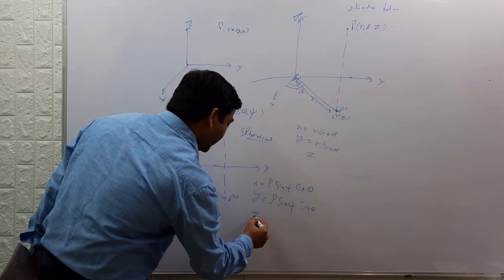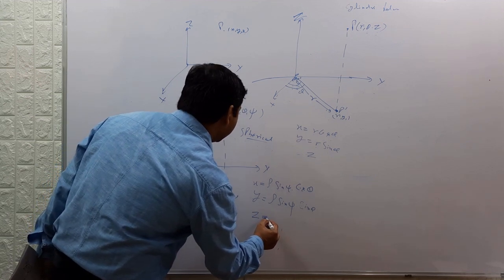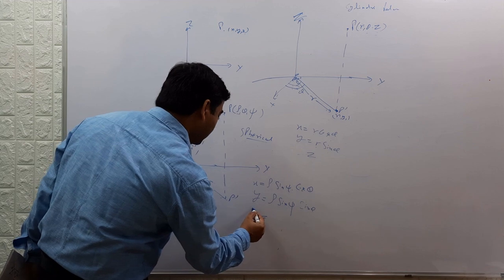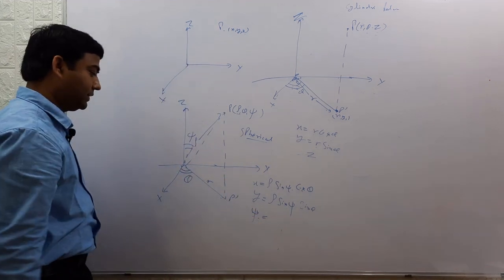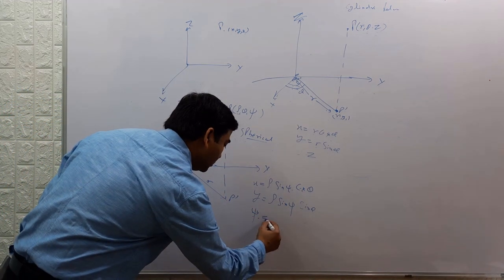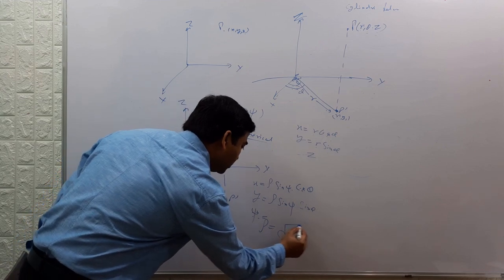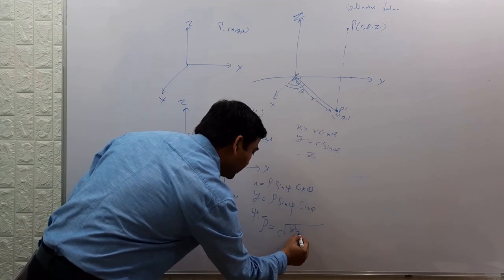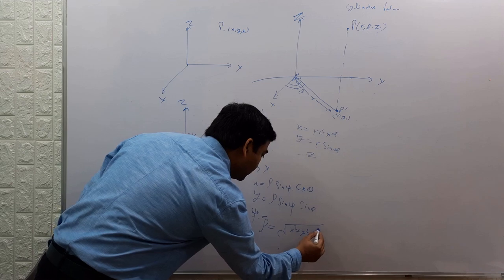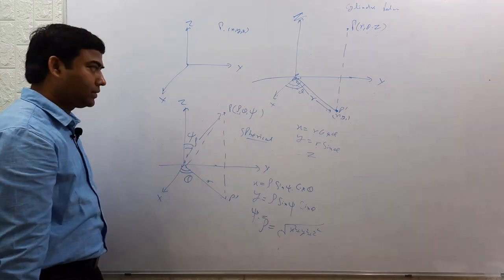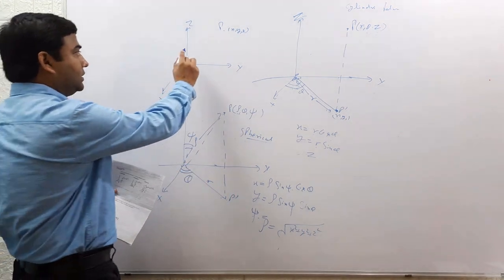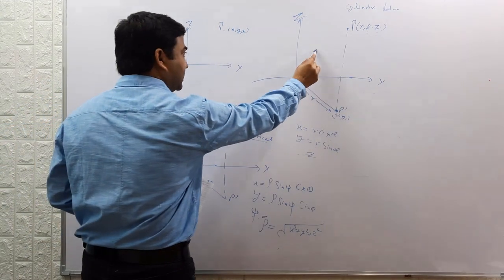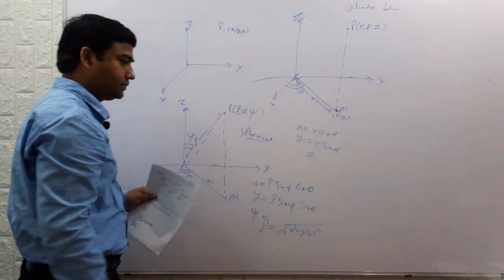The third coordinate is phi. And rho is equal to the square root of x squared plus y squared plus z squared. So this is the relation between the normal Cartesian, cylindrical and spherical polar coordinate systems.